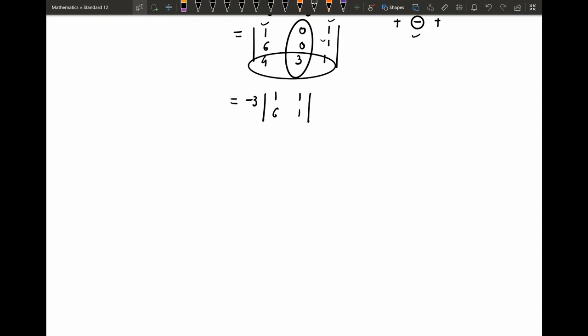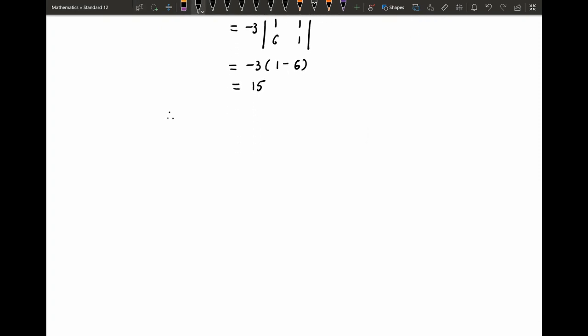Method is leave the row and column in which that entry lies. Remaining will form 2 by 2 determinants. That will be a coefficient and sign is according to this one. So this is minus 3 into 1 minus 6. So this is 15 and therefore area of triangle ABC equal to 1/2 modulus of D, value of the determinant, 15 by 2 square unit. So this is the area.